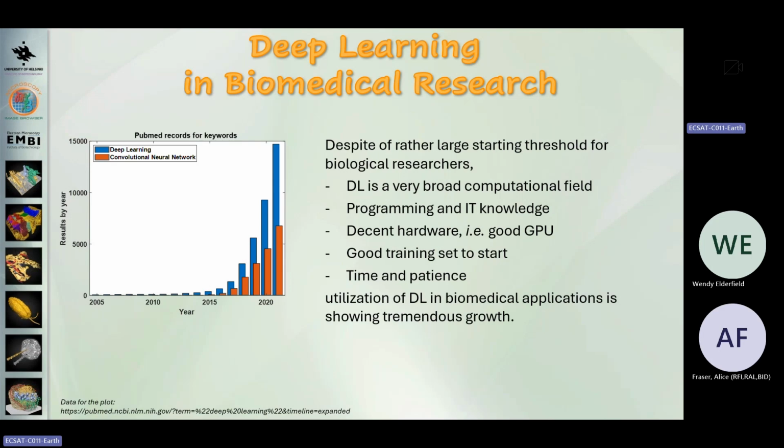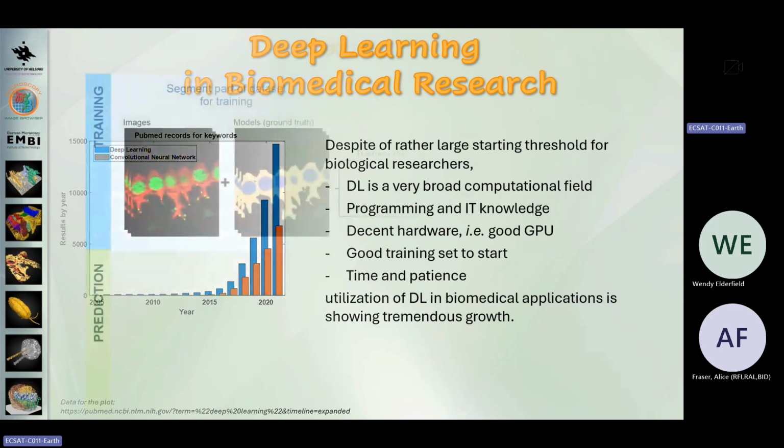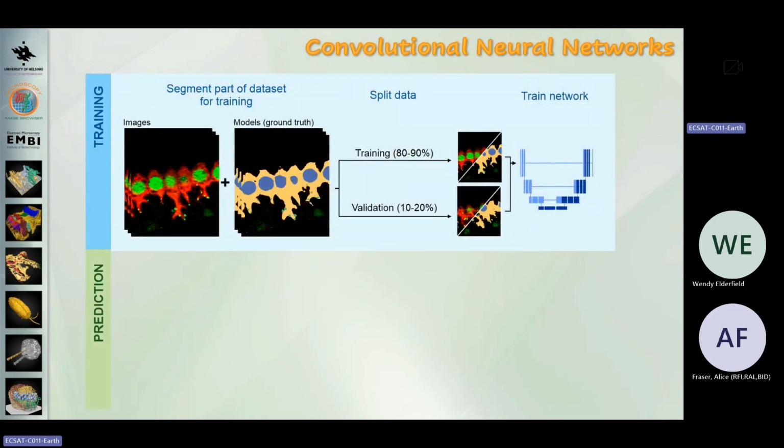You can see there is a very steep rise in these techniques, which is very interesting because this happens within the biological society or biomedical research, which is a little bit conservative in some ways in applying these more heavily computational methods. And indeed, it's a bit tricky to start with because there are multiple things that slow down the application of these technologies. Nevertheless, it's very powerful, and that's why we really have to consider this.